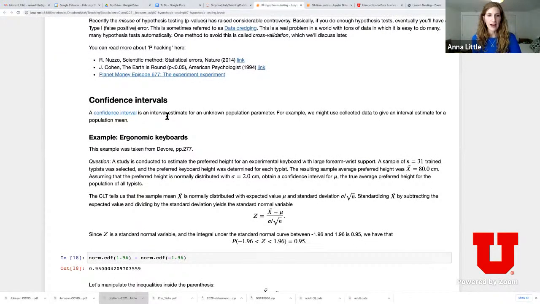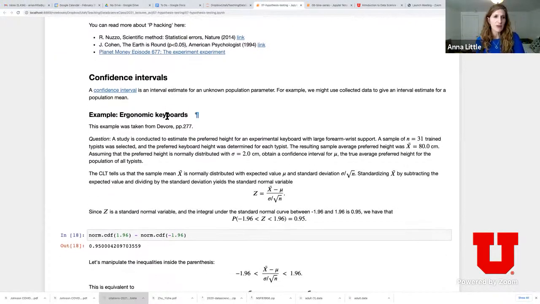Okay, so confidence intervals are very important in statistics and different from hypothesis tests, but the idea of statistical inference is the same. So instead of setting up a hypothesis about a population parameter, we want to estimate that population parameter.